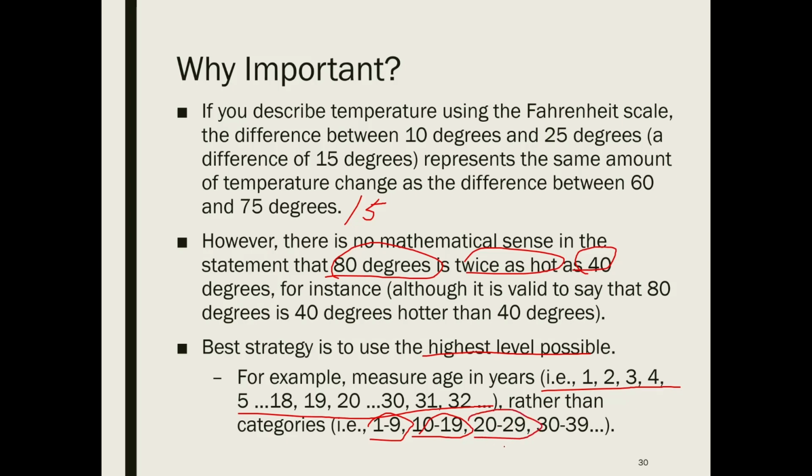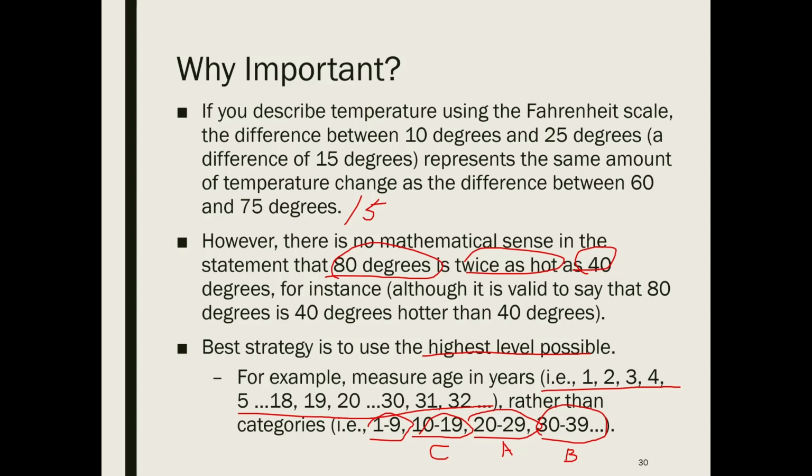A person selects 20 to 29, another selects 30 to 39, and another selects 10 to 19. As you can see, it goes from a continuous ratio variable, a good one, into a simple ordinal variable, right?